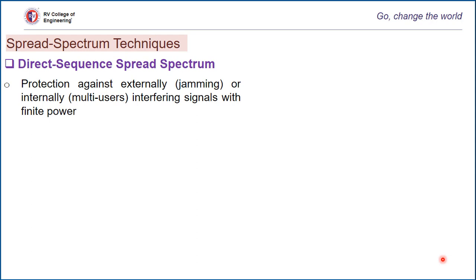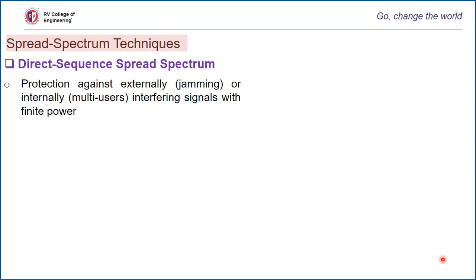A protection against such waveforms is provided by purposely making the information bearing signal or data signal occupy a bandwidth far in excess of the minimum bandwidth necessary to transmit it. This has the effect of making the transmitted signal assume a noise-like appearance so that it is blended into the background.